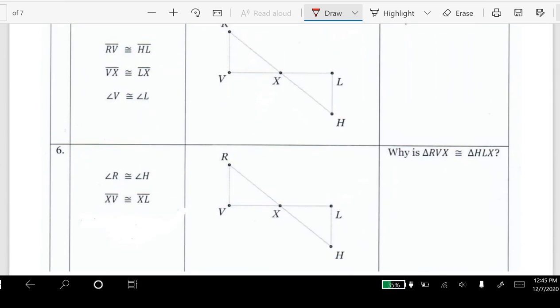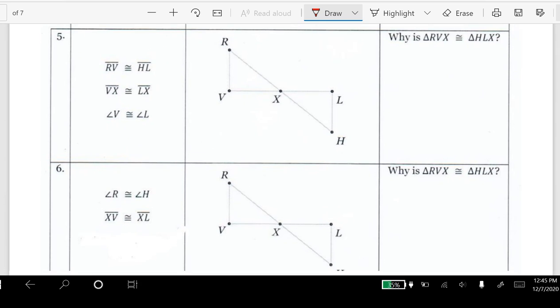Next page is similar. I guess we'll go ahead and do this. For this one, we're given that RV is congruent to HL. Mark your picture. We're given that VX is congruent to LX.